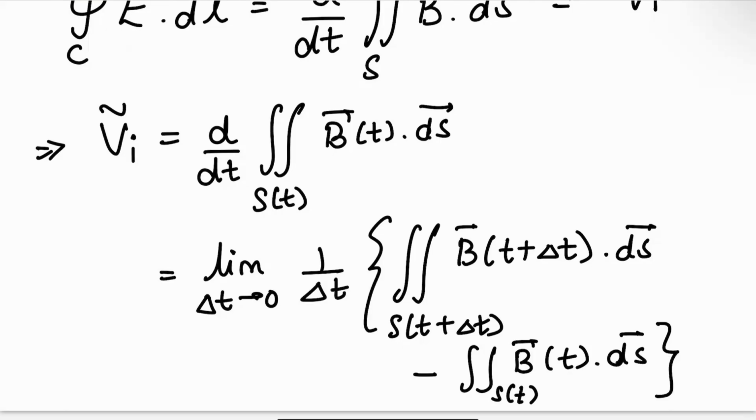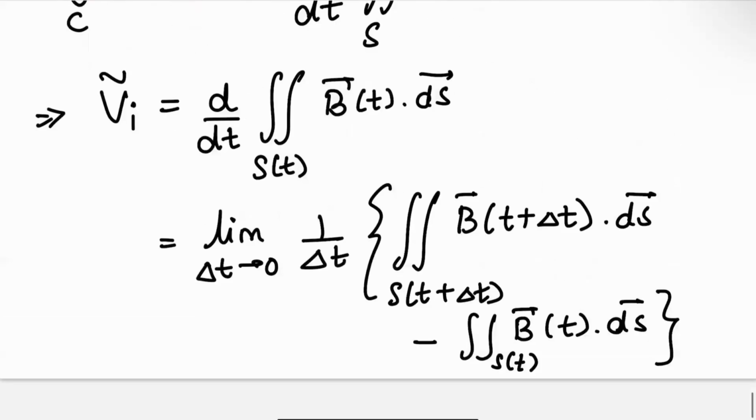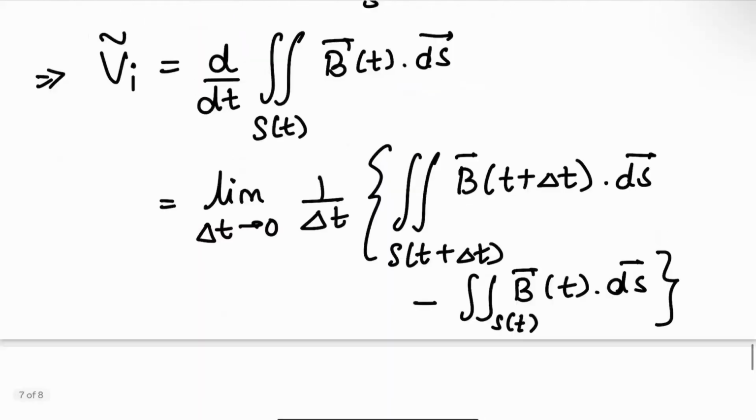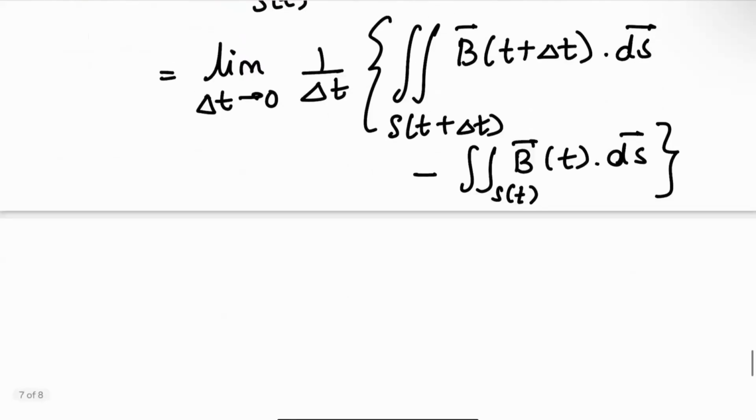Right, so I've just applied the definition of the derivative. Because you have two time-dependent terms, you have to separate it into two quantities like that, right? It's just f of x plus delta x minus f of x over delta x in the limit.